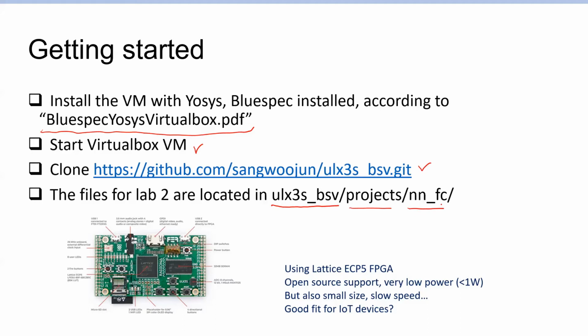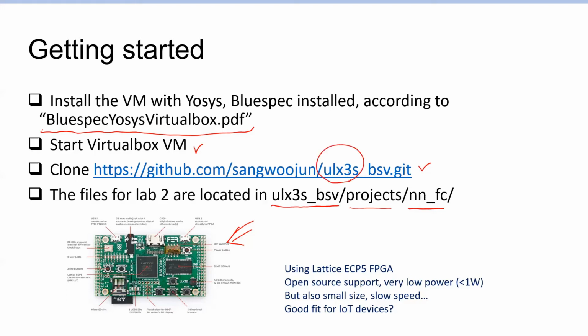And as an aside, this is the board that we will be targeting for the purpose of Lab 2. Although you don't have to have this board or anything. It's just that the toolchain is configured to generate hardware targeted for this particular FPGA board with this particular FPGA chip. It's a board called ULX3S.